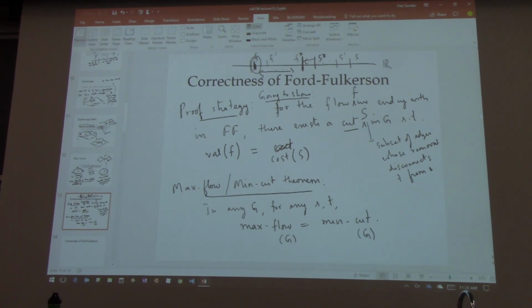And the point that they meet is where they are equal. The max flow cannot go beyond that, and the min cut cannot drop beyond that. And a priori it's not clear that both of them converge to the same thing. So that's the nice thing, and that's what this Ford-Fulkerson algorithm actually gives you, because for the endpoint of this algorithm, you'll be able to show that there's actually a matching cut.